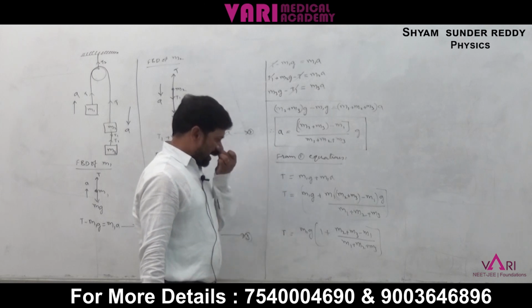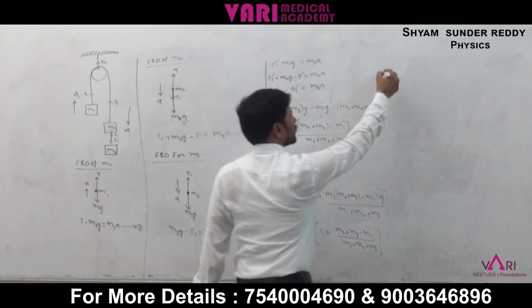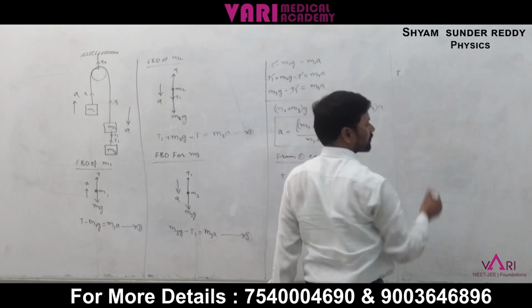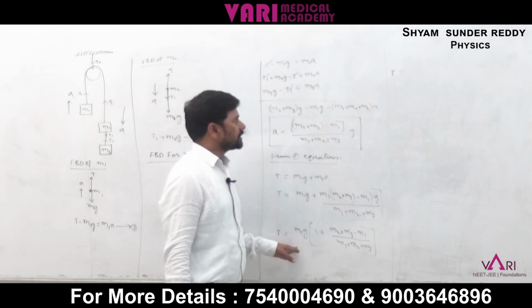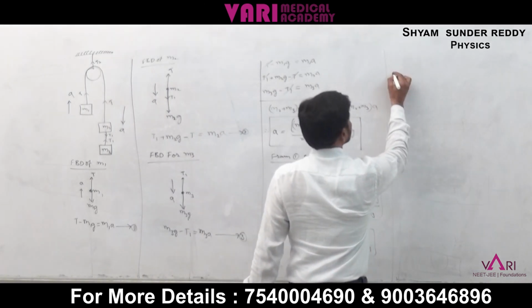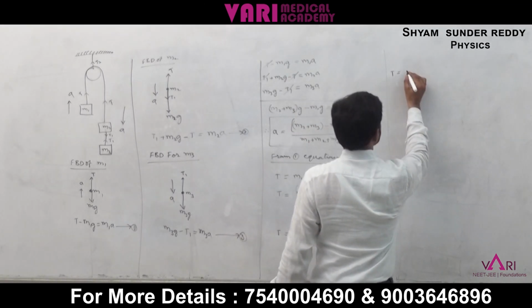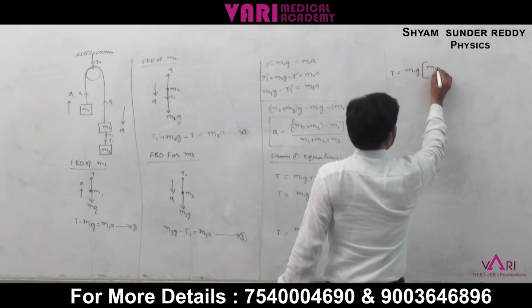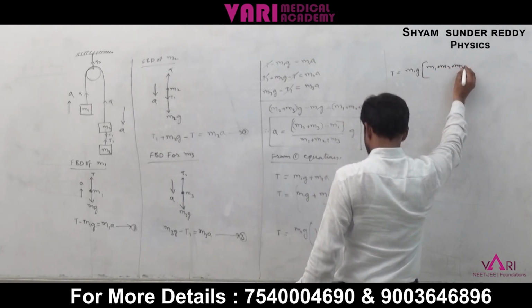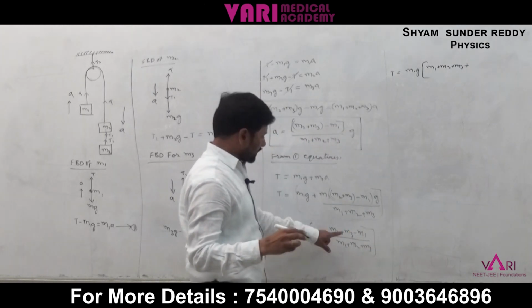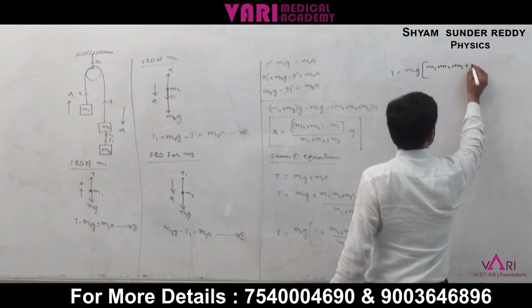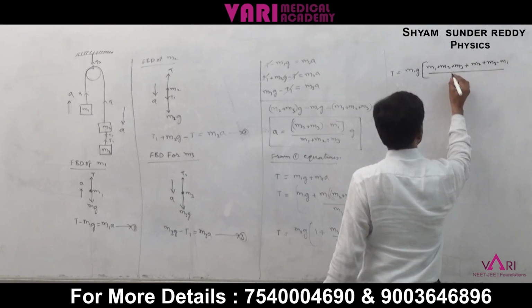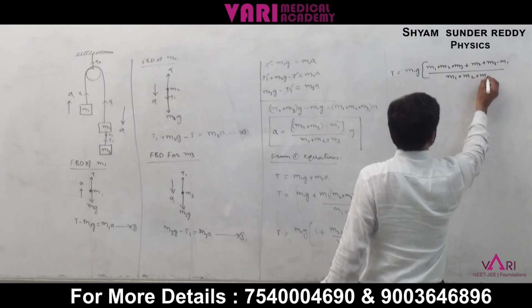Now the LCM of this. T is equal to m1g into (m1 plus m2 plus m3) plus (m2 plus m3 minus m1), divided by (m1 plus m2 plus m3).